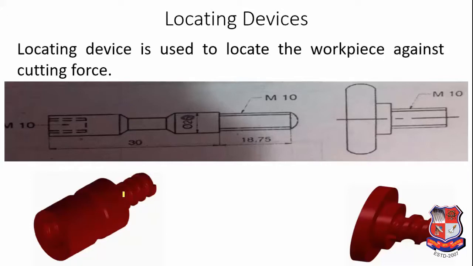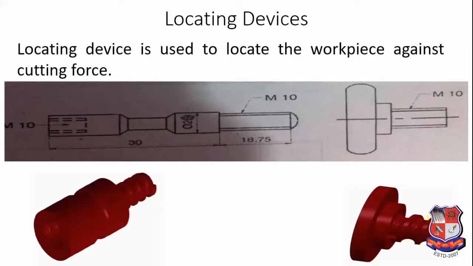Now this part has total width of 30 mm, because component width is 30 mm. So 30 mm width component will be supported at this portion, and this internal thread is of 10 mm diameter, and this part will be locked with this knob.